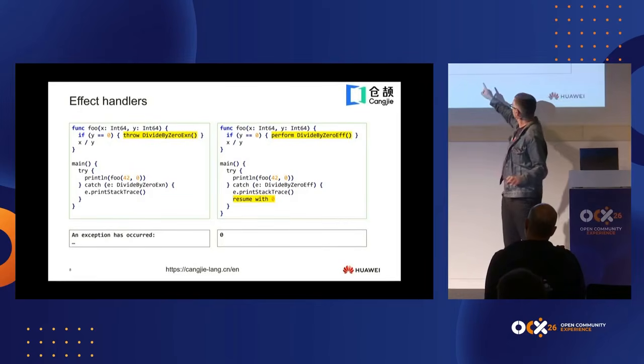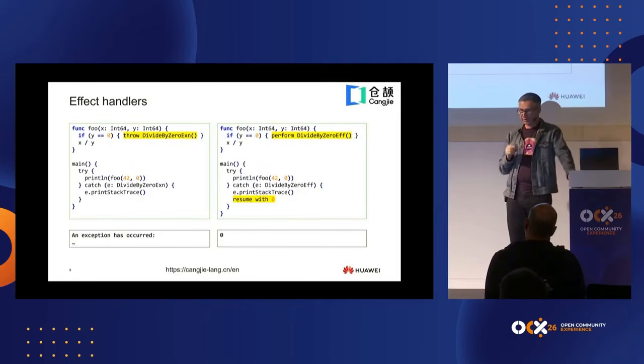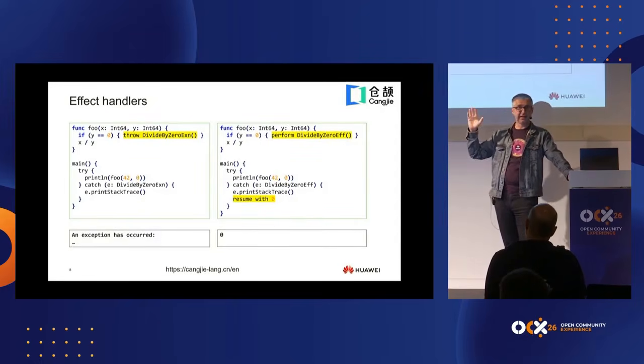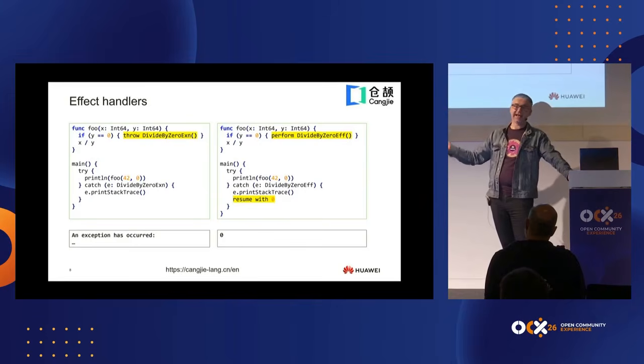So you see here at the bottom, there's a new keyword that says resume with something. If I find a division by 0 in that particular context, I can decide it's not catastrophic. I know it's not correct, but I can just return 0 and I can carry on.